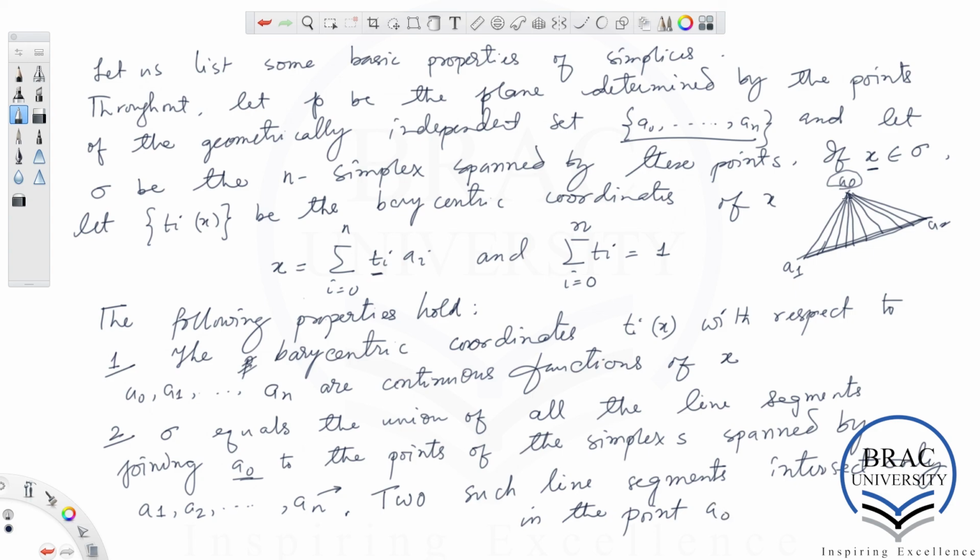If you pick up two such lines joining A0 to points on this one simplex, then the two lines intersect only at this point A0 and nowhere else. So the same picture holds for an n simplex. Good, so this was the second property.